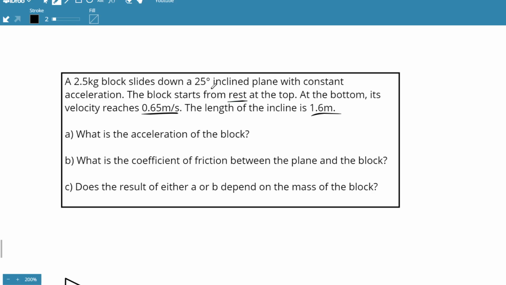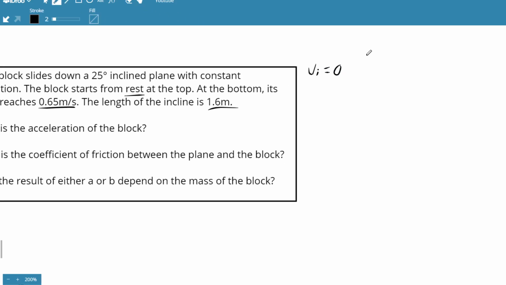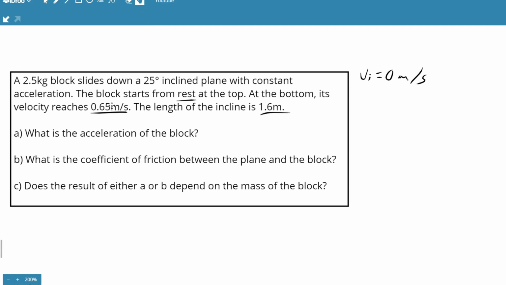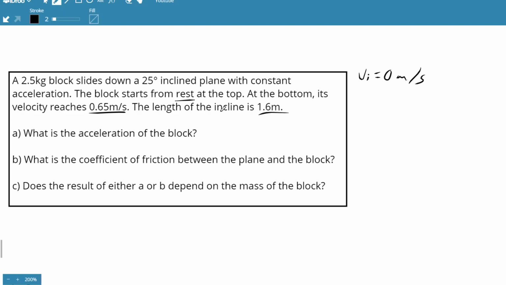So starts from rest. That means Vi is equal to 0 meters per second. That's what rest means. Then at the bottom, its velocity reaches 0.65 meters per second.